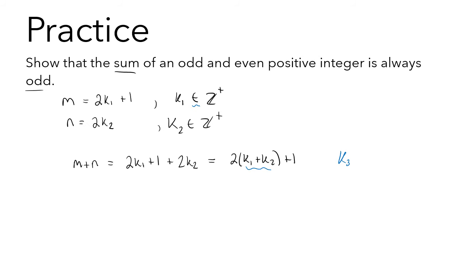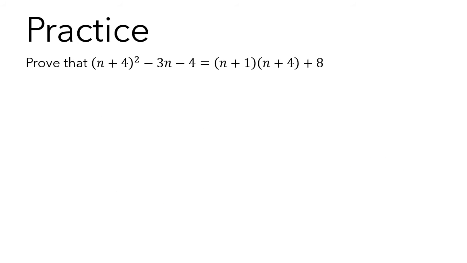So I'm going to say k3 equals k1 plus k2, and k3 is also a positive integer. That leads me to m plus n equals 2 times k3 plus 1. Well, that means that m plus n must be odd. So that's my proof.